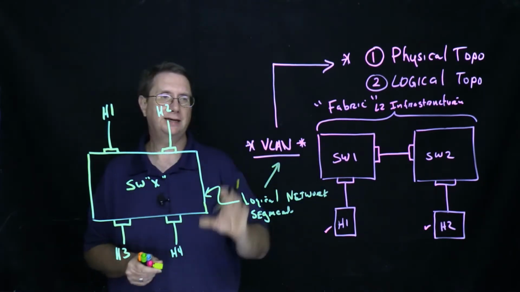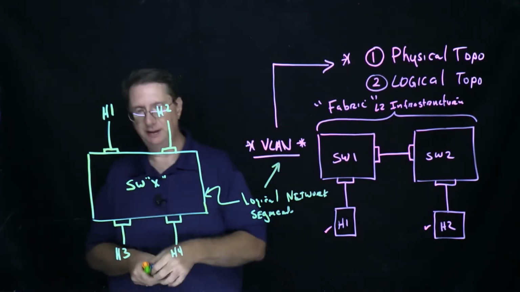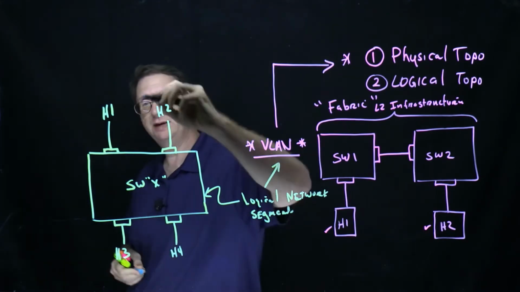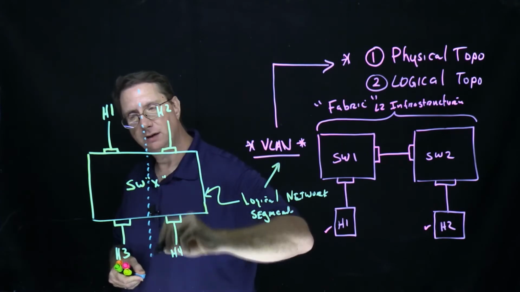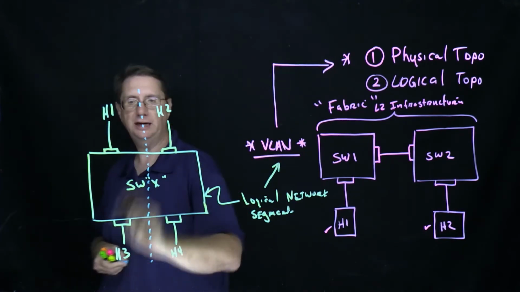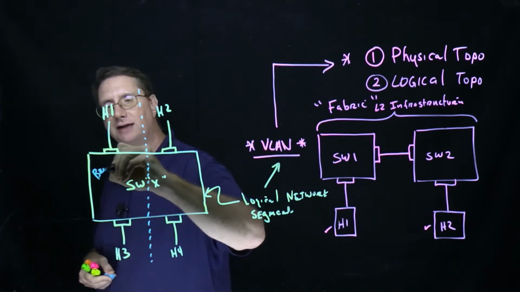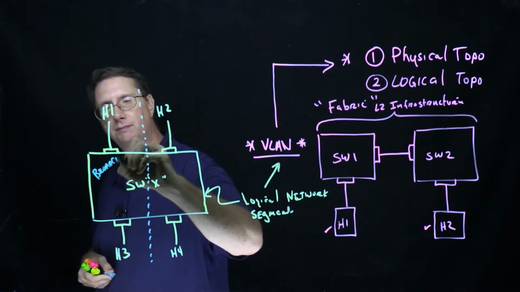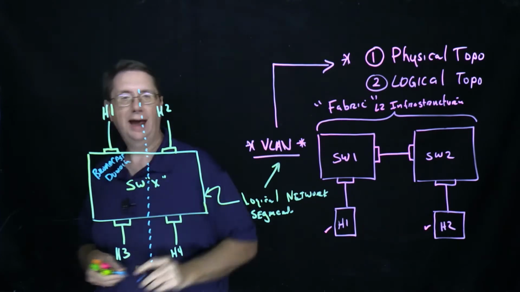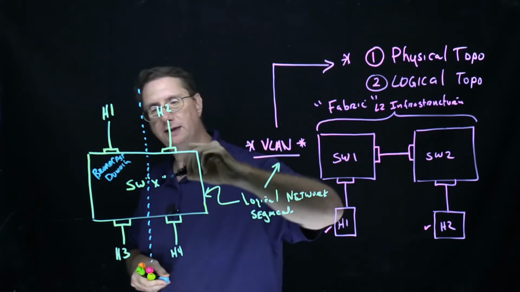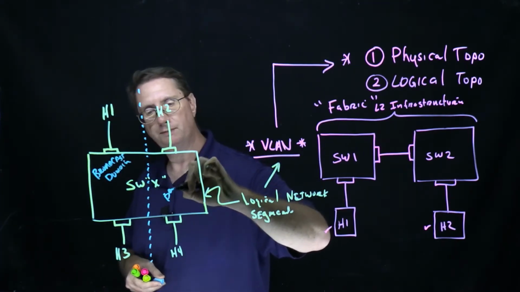So if I wanted to, I could bifurcate this switch in such a fashion that host 1 and host 3 are going to be in their own broadcast domain, and host 2 and host 4 would be in their own broadcast domain.